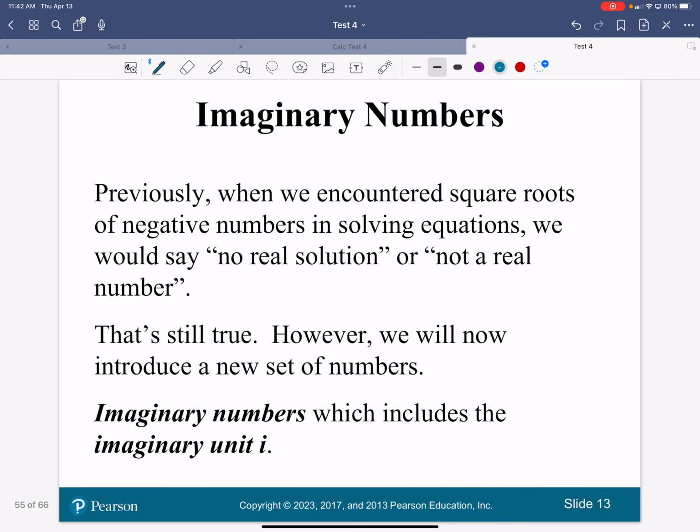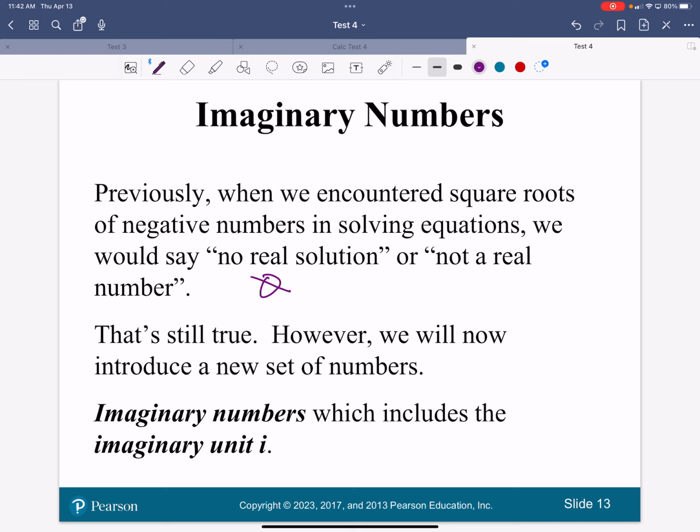Imaginary numbers. Previously, when we encountered square roots of negative numbers in solving equations, we would say no real solution or not a real number. Sometimes you would also write a zero with a line through it, which means no real solution. That is still true, because of the word real.